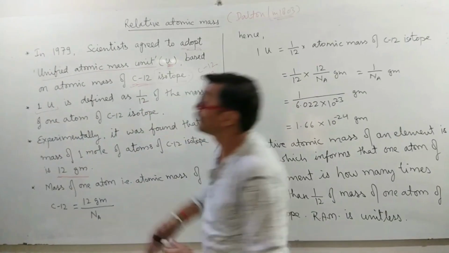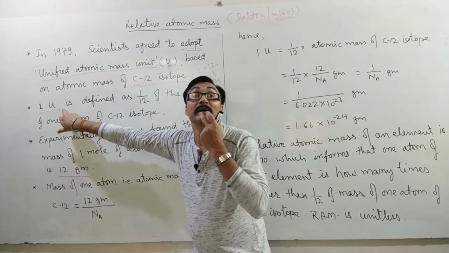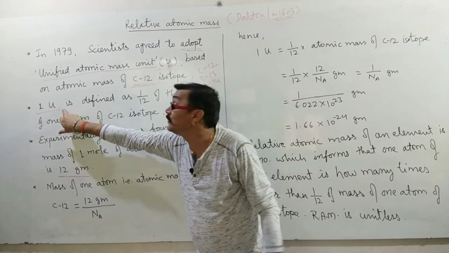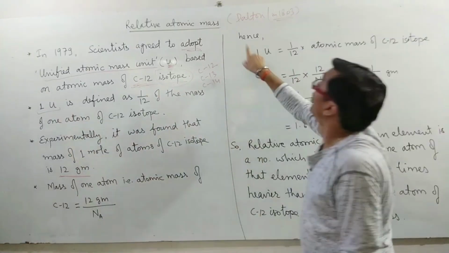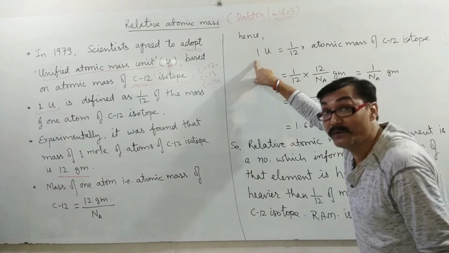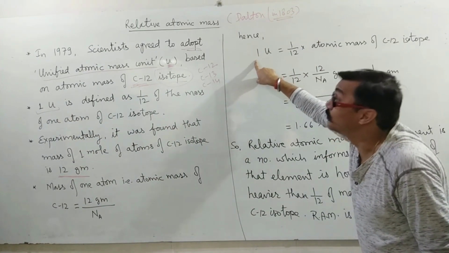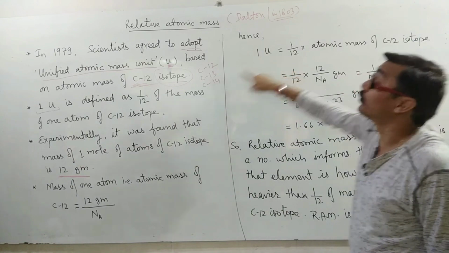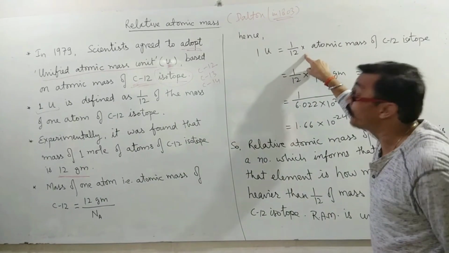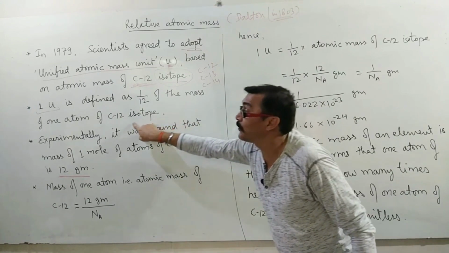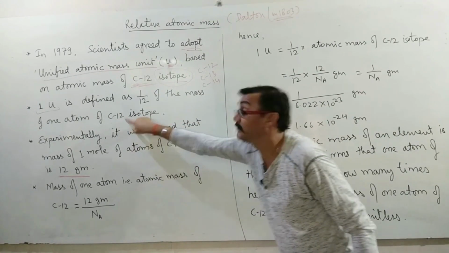But according to the definition of the unified atomic mass unit, 1U is equal to 1/12 of the atomic mass of carbon-12.